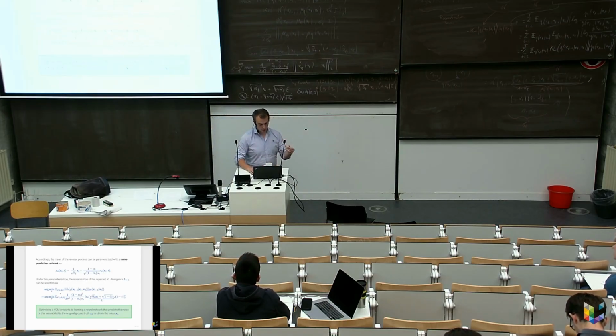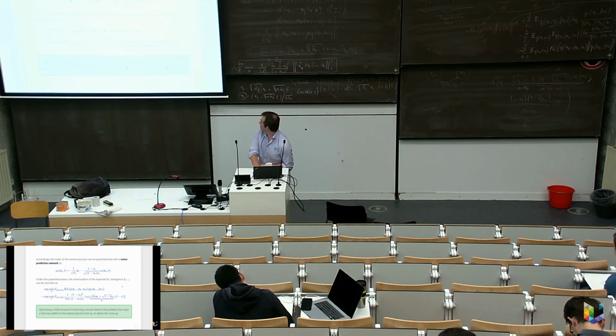And so what we'll have instead is a neural network that takes as input some xt, and then tries to guess the noise which was added to that input. And if we did that, we would recover the initial x0. So we are not trying directly to produce the data, we are just trying to predict the noise.